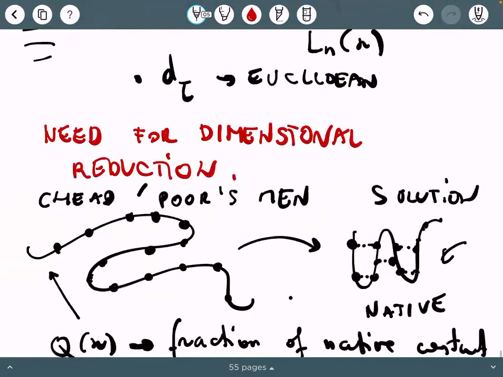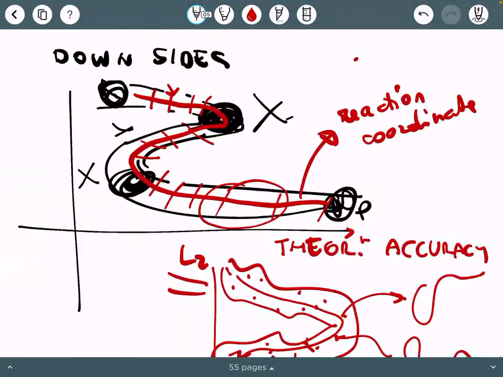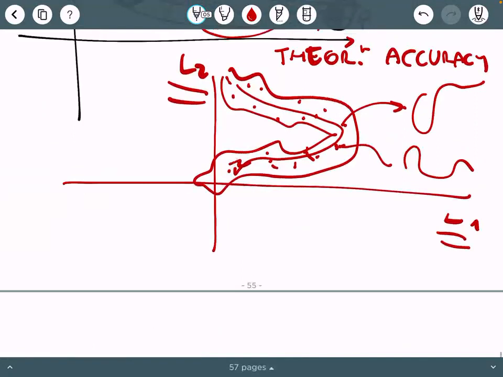Because there's no direct interpretation in this plane. So you can't have it all. Either you have immediate physical interpretation, or you have theoretical control, or you first try to have theoretical control and then post-interpret your data, for instance this manifold, by projecting it into different collective variables and seeing if there is any correlation between them.